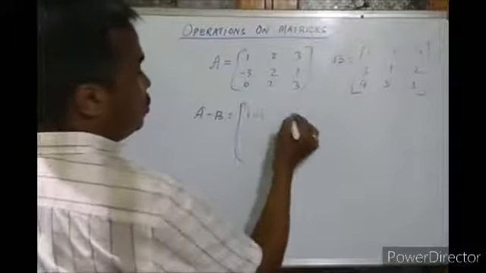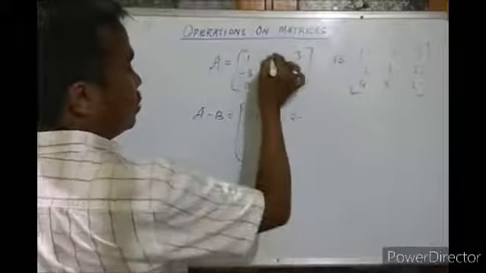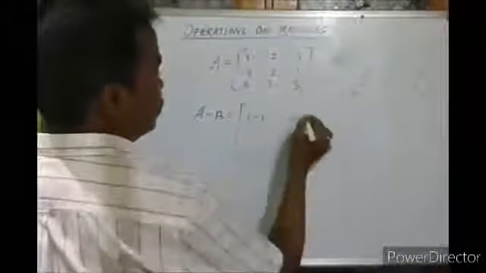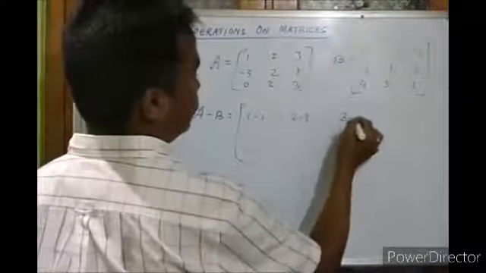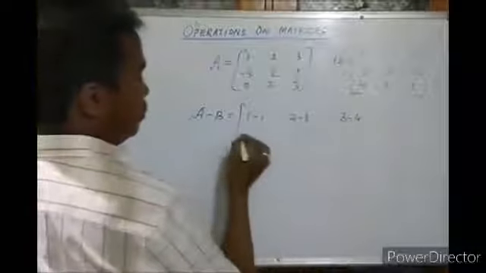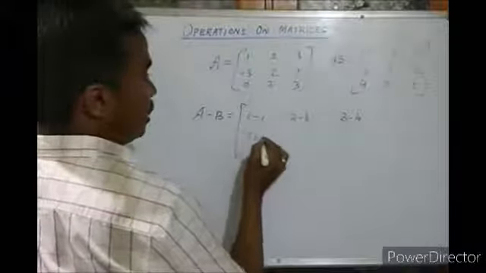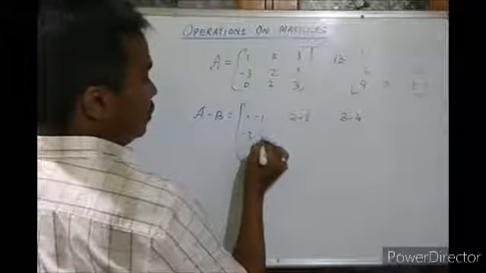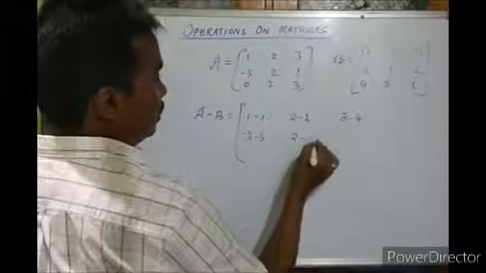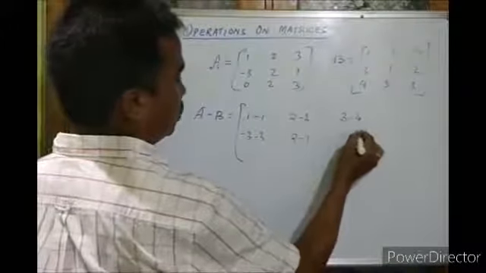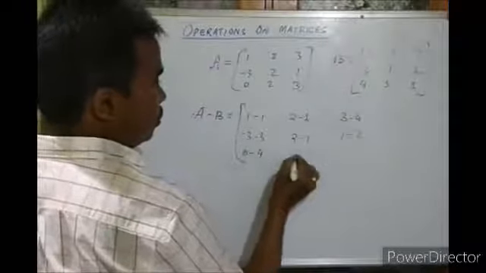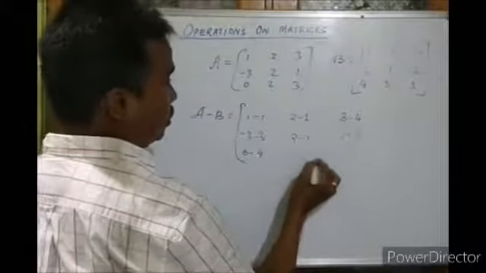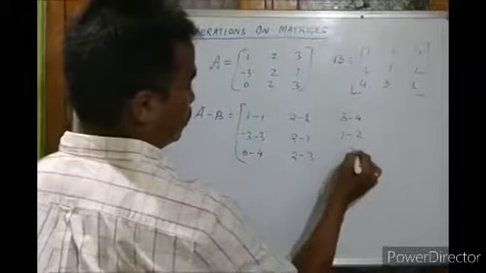Next is 2 minus 1, first row second column minus first row second column. 2 minus 1, 3 minus 4, minus 3 minus 3, 2 minus 1, 1 minus 2, 0 minus 4, 2 minus 3, 3 minus 1.